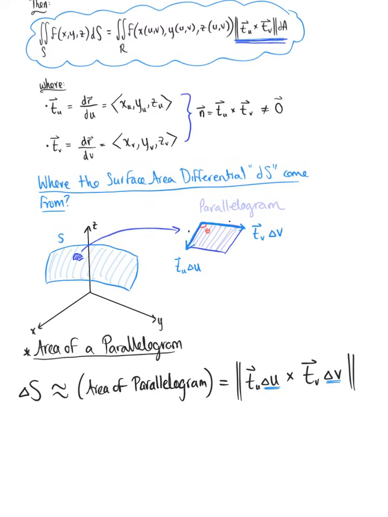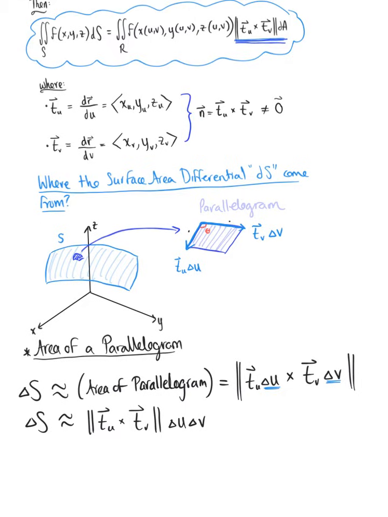They're constants. So we can actually pull those out of the magnitude. So delta S is going to be approximately equal to the magnitude of the cross product of the tangent vector in the u direction crossed with the tangent vector in the v direction, multiplied by delta u times delta v.